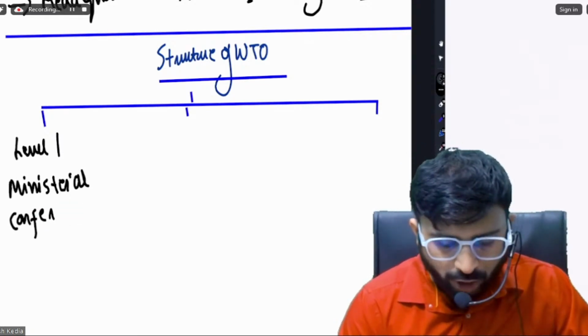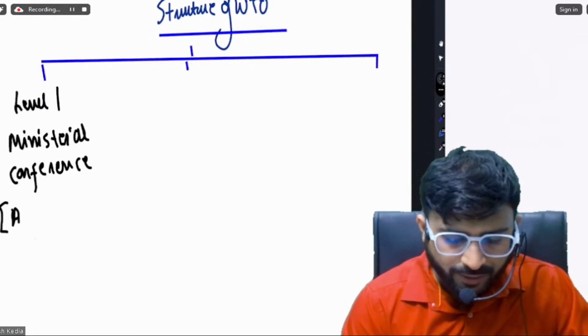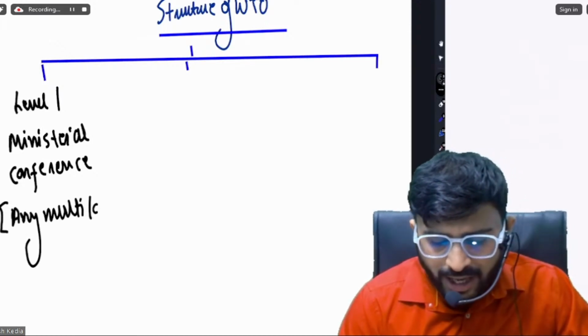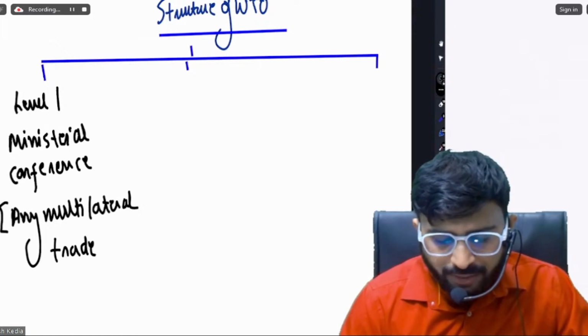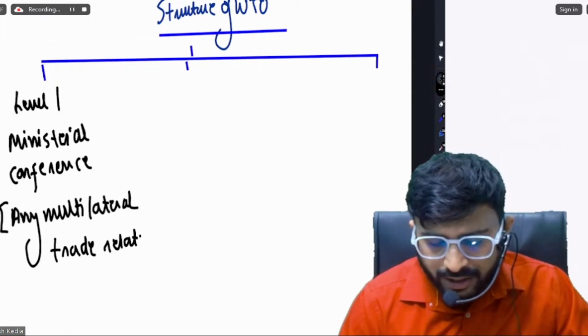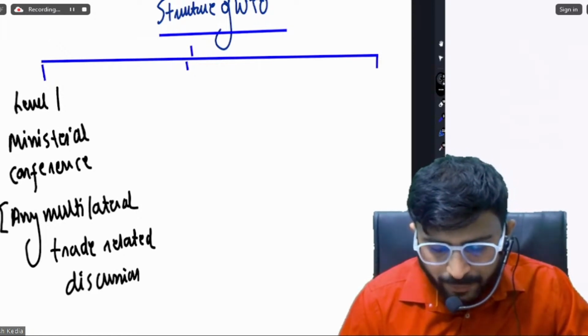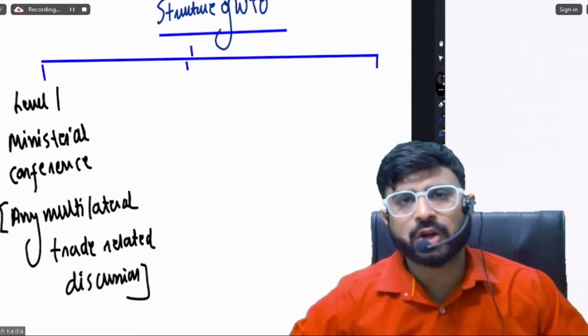Sir, what do they do? Any multilateral trade related discussion is done by this category of people, the level 1 ministerial conference.